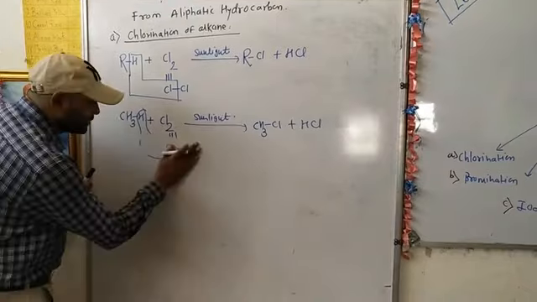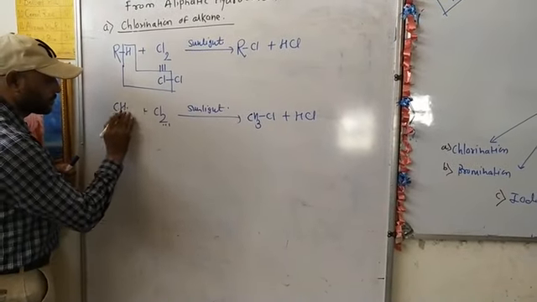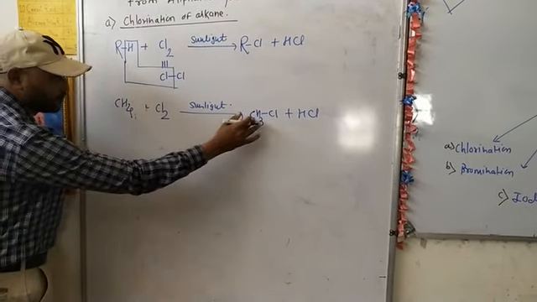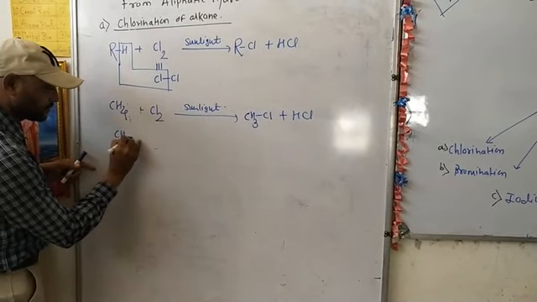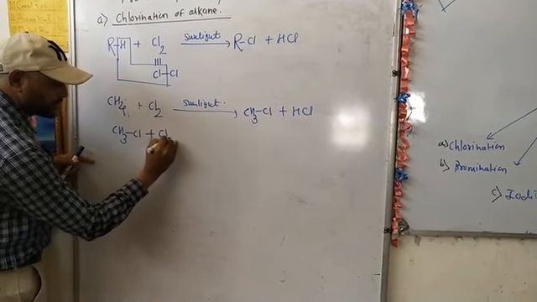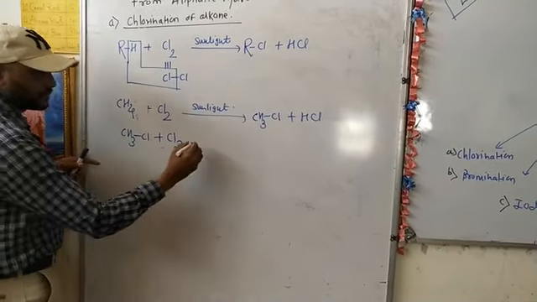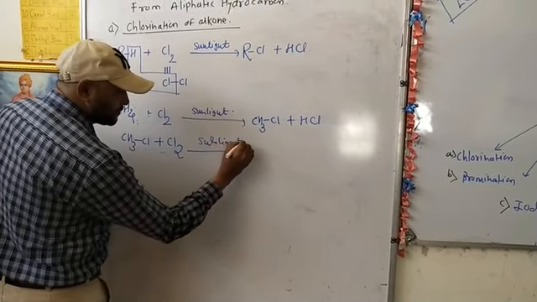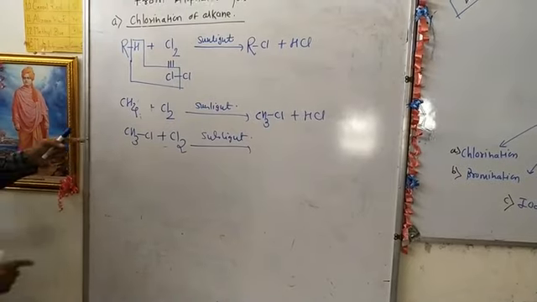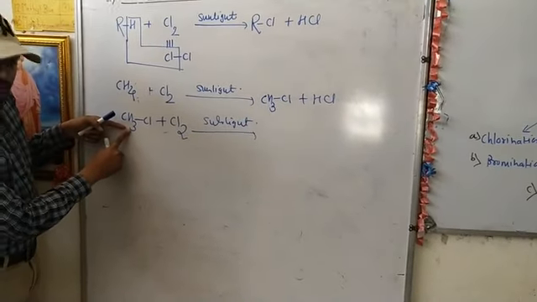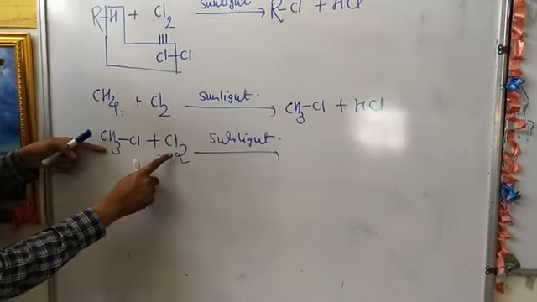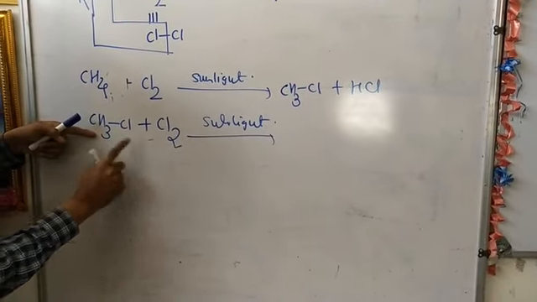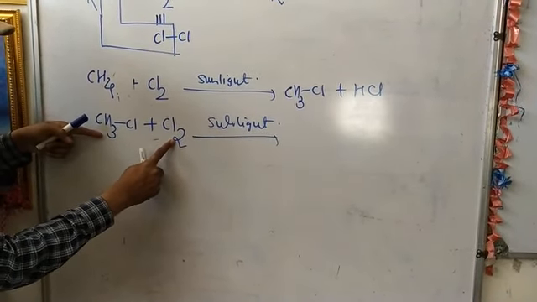So we can write methyl chloride again plus excess of chlorine in presence of sunlight. Again a hydrogen from this methyl chloride is replaced by one chlorine atom from chlorine.